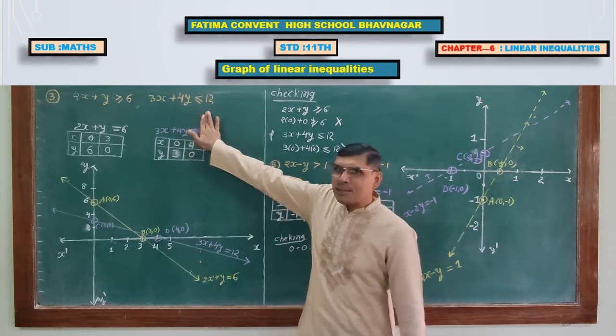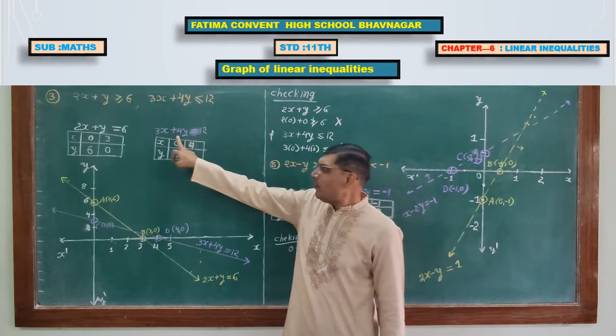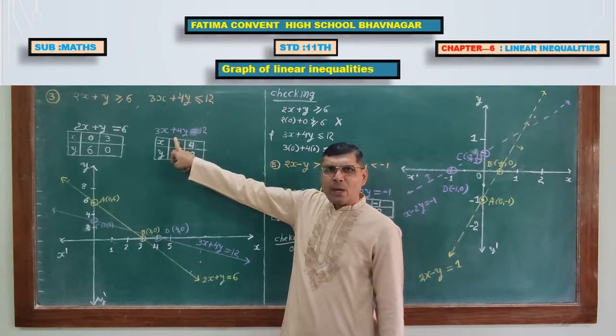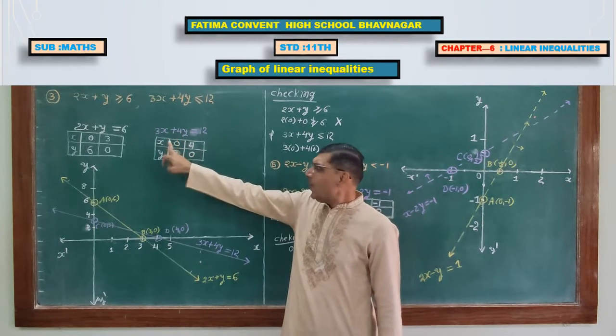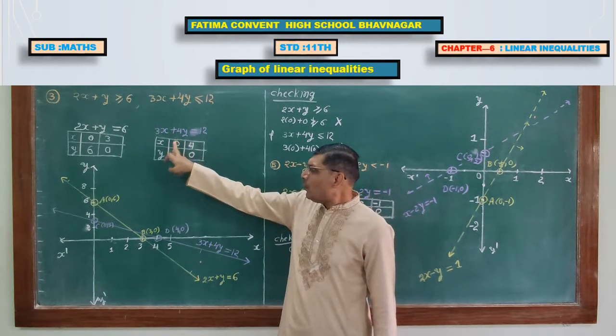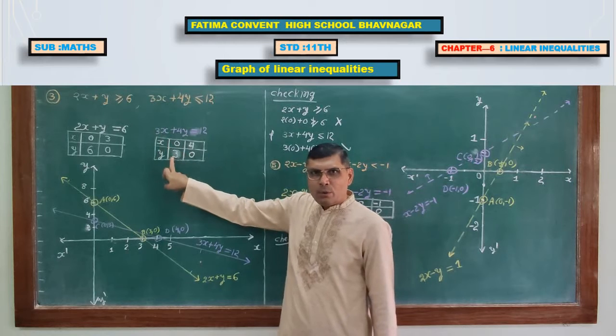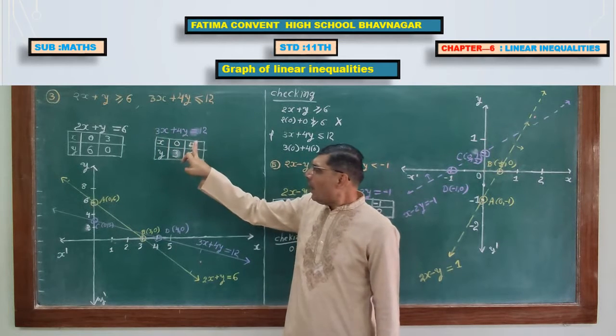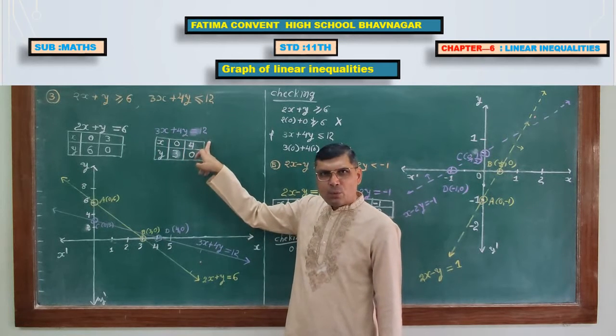Now it is time for the second equation. No problem, same. 3x plus 4y equal to 12. When you put x equal to 0, y equal to 3. If you put y equal to 0, then x equal to 4.